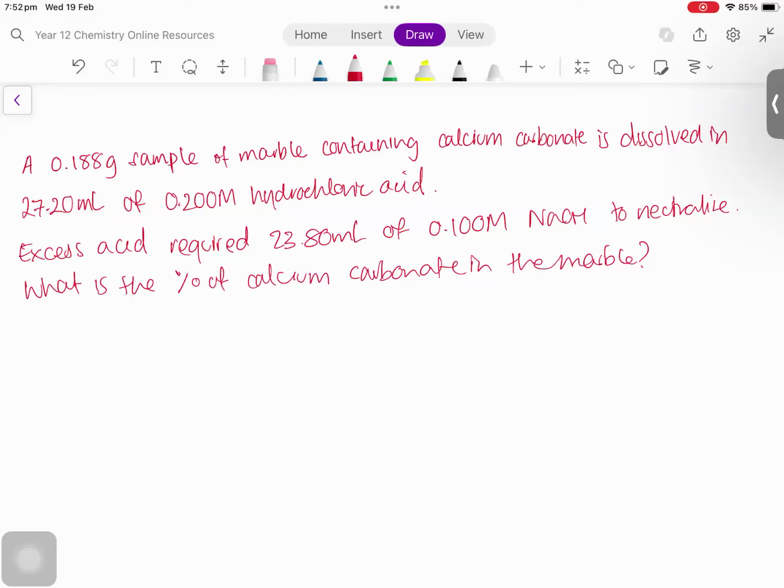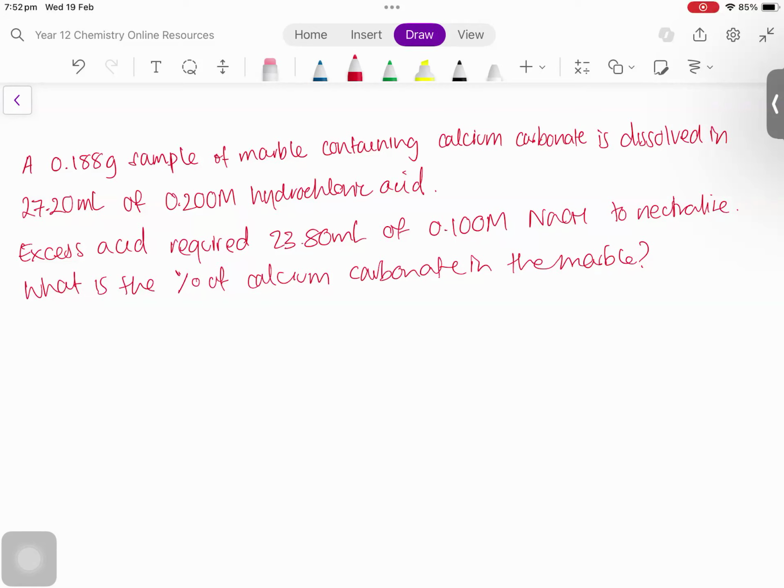Hydrochloric acid. What's the third one? NaOH. Do you know the concentration of calcium carbonate? No, that's one unknown. Do you know the concentration of hydrochloric acid? Yes. Do you know the concentration of NaOH?